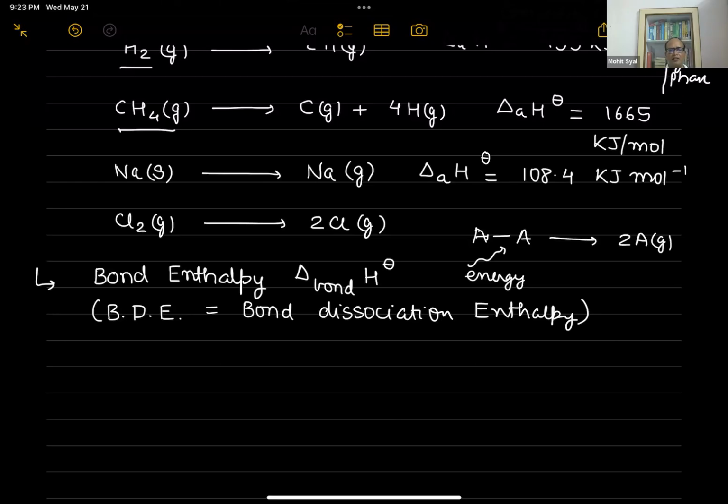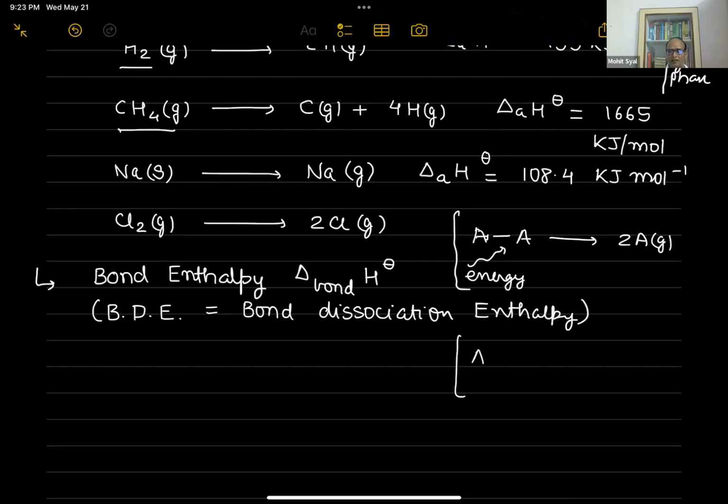Sometimes this can be equal to the bond dissociation enthalpy. Is it clear? So bond breaking is endothermic. It requires energy. Bond formation.